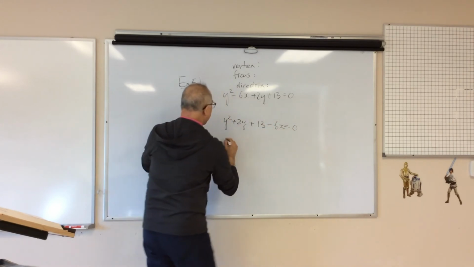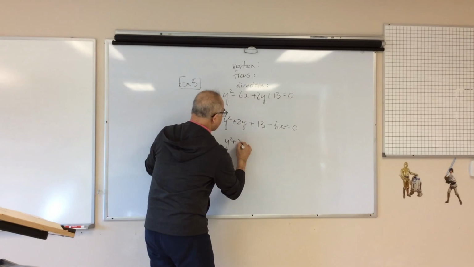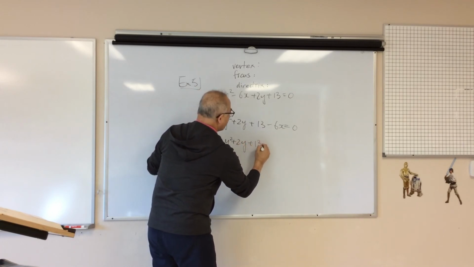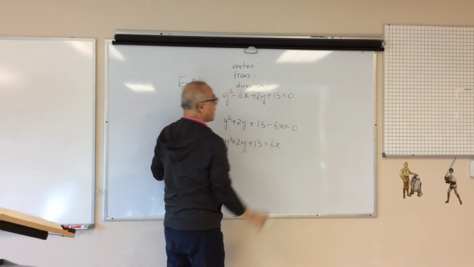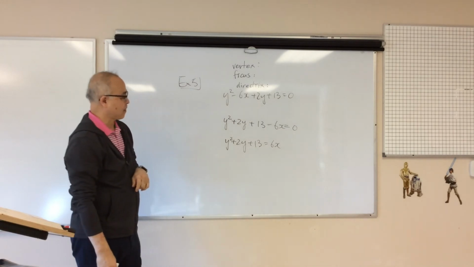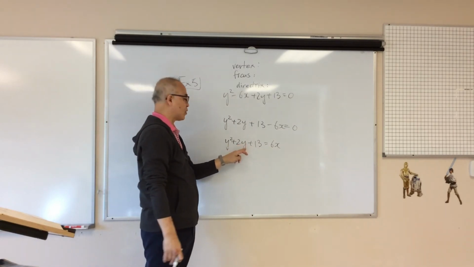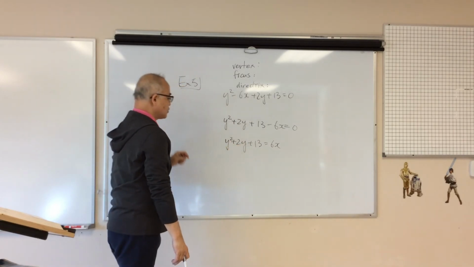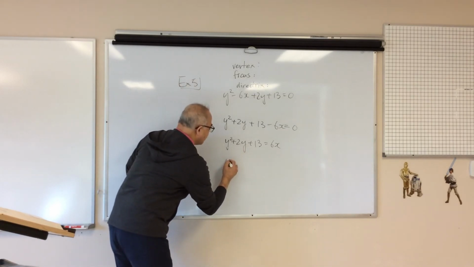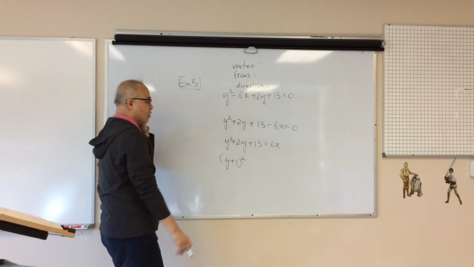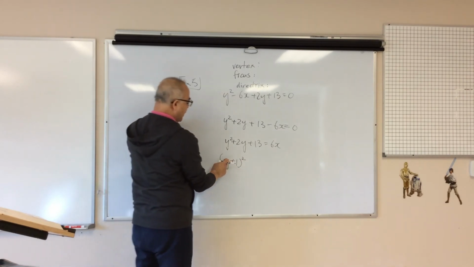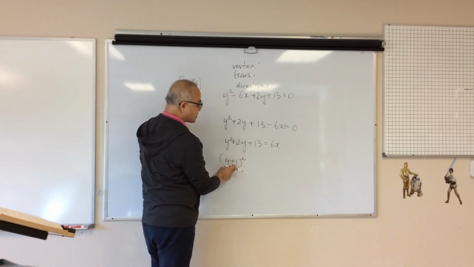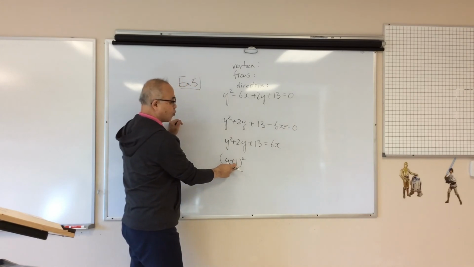If I do that, I get y squared plus 2y plus 13 is equal to 6x. Okay, so now I'm going to have to complete the square on this one. So I'm going to divide this by 2. I get 1 squared. So the constant term that I'm going to get here is going to be 1.